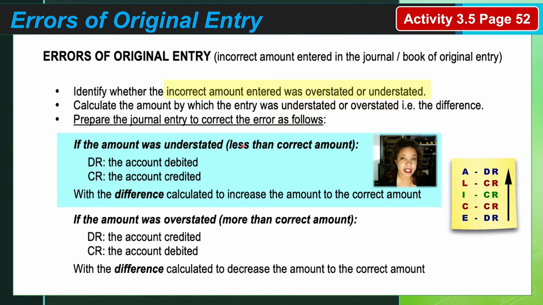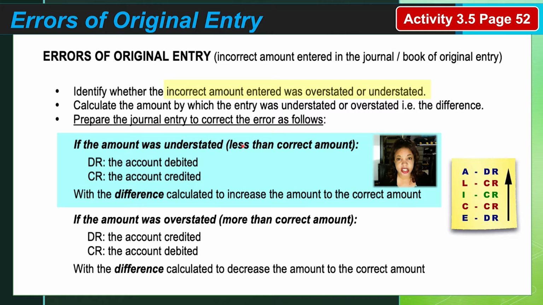So once you identify that the incorrect amount is less, you just enter it on the same side as the original entry, or the account that you made the error in, you add it on the same side. So if you had credited that account, you're going to credit with the error, the difference, to bring it up.